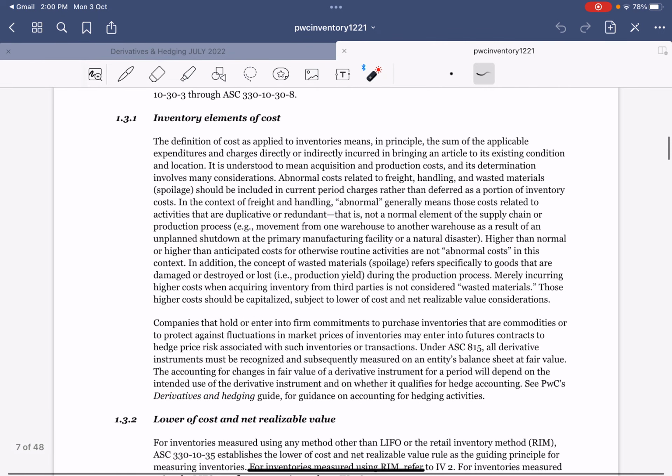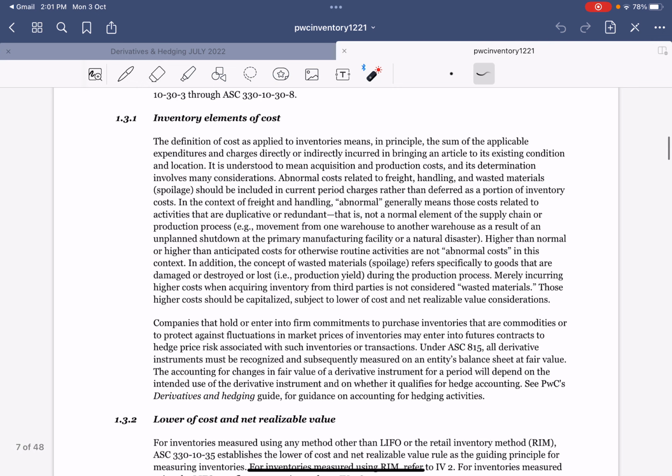Cost element, inventory elements of cost. The definition of cost applied to inventory means, in principle, the sum of the applicable expenditures and charges directly or indirectly incurred in bringing an article to its existing condition and location.